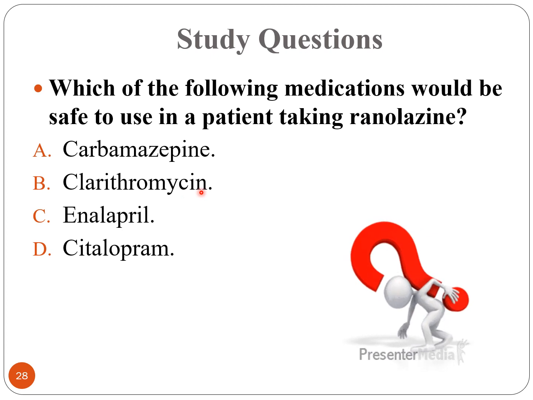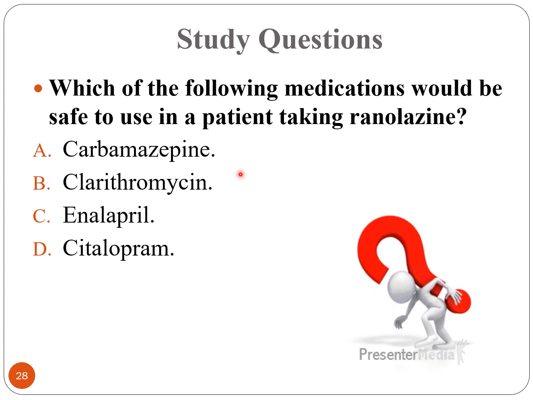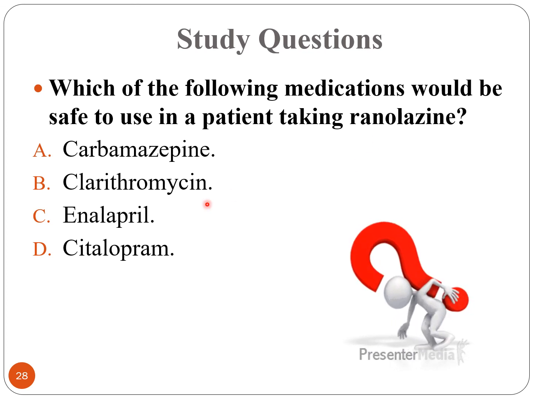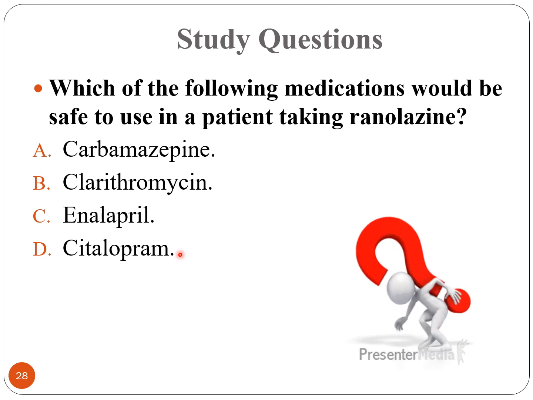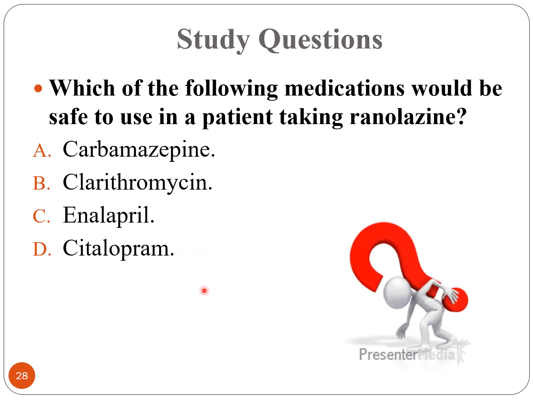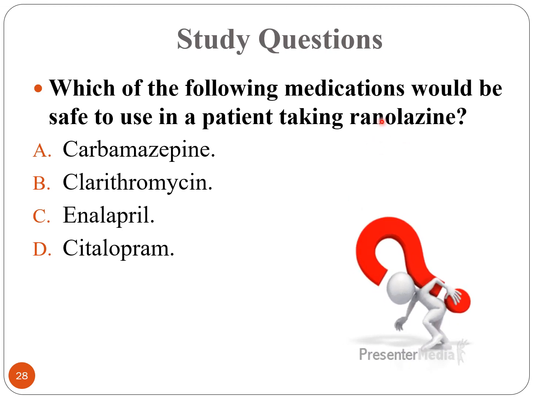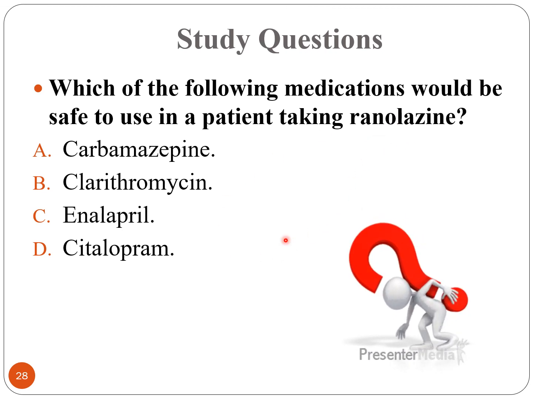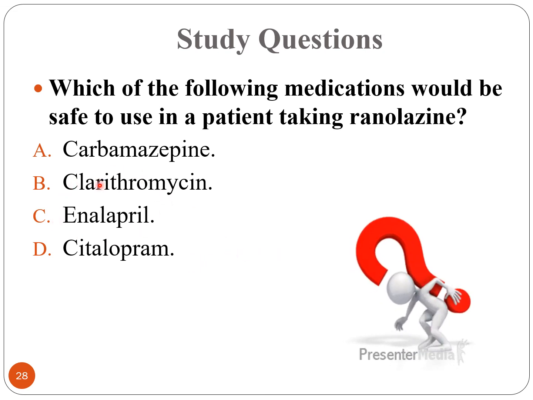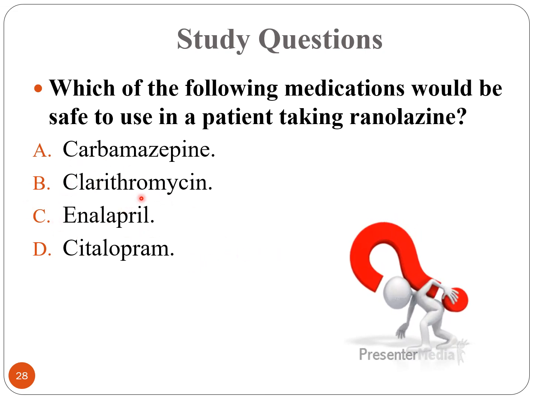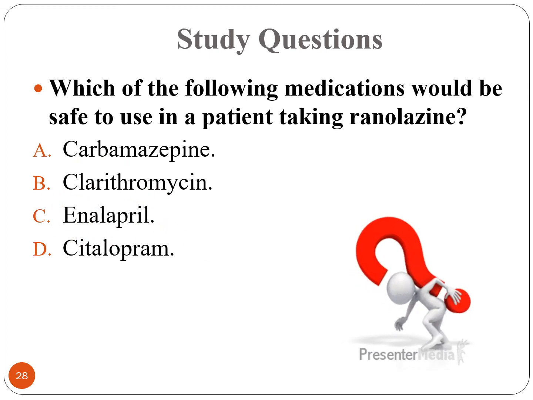Clarithromycin is a famous enzyme inhibitor, which can lead to toxicity and accumulation of ranolazine. Citalopram, an antidepressant drug, can prolong the QT interval, and ranolazine also prolongs it, so this can lead to cardiac arrhythmias. The drug that can be taken with ranolazine without a drug interaction is enalapril.